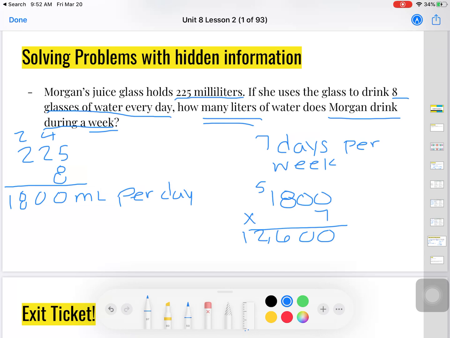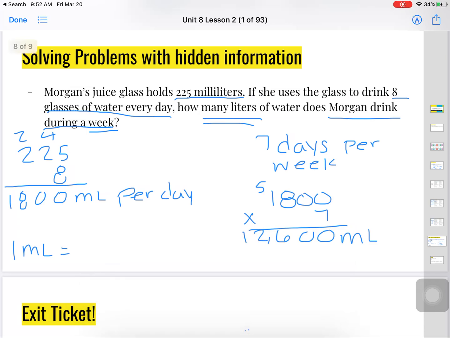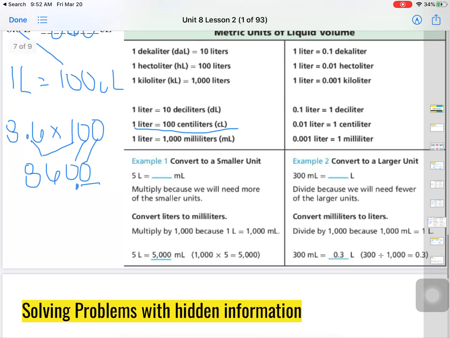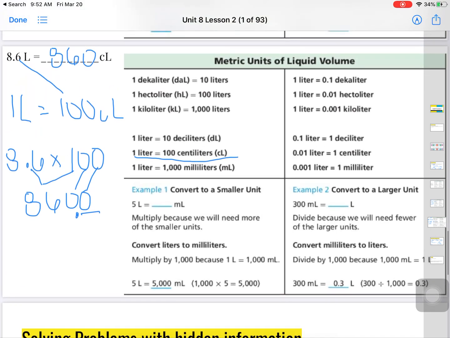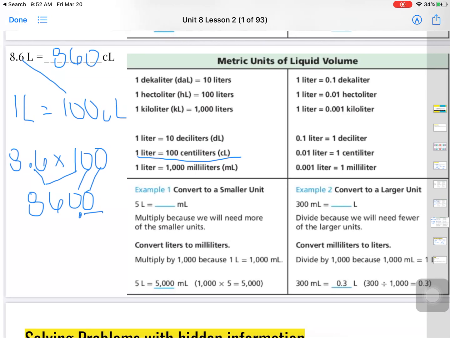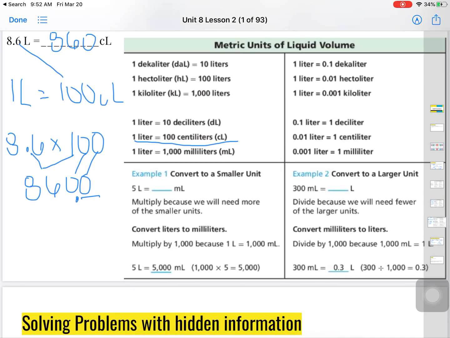Now we're going to go ahead and figure out how many liters that is, because right now we are just in milliliters per week. So 1 milliliter equals, we're going to come up here, 1 milliliter equals 1/1000th of a liter.